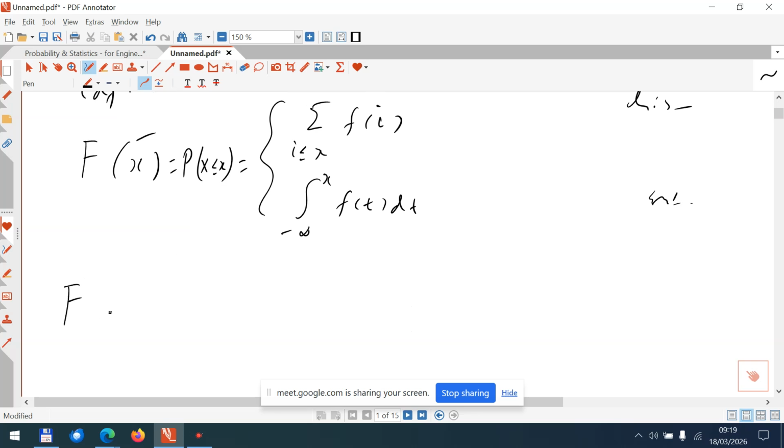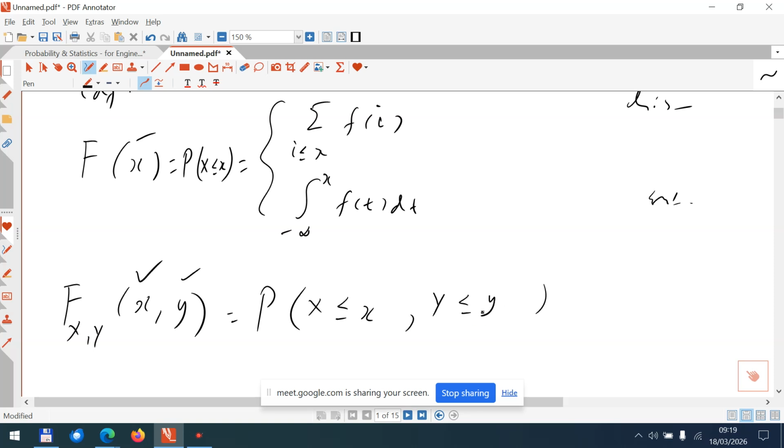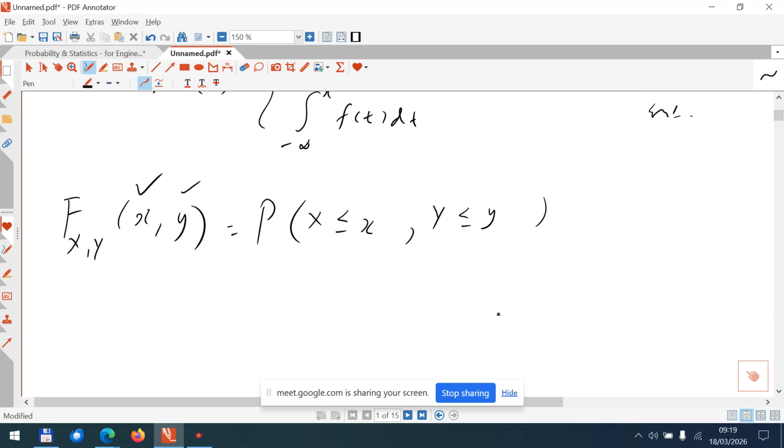Now, this is something you already know. My question now is, how will you express the joint CDF, right? So the joint CDF will be one question about x, one question about y. This small x means that you are looking for values of X less than or equal to x, and this small y means that you are looking for values of Y less than or equal to y. And this will have a similar breakup.